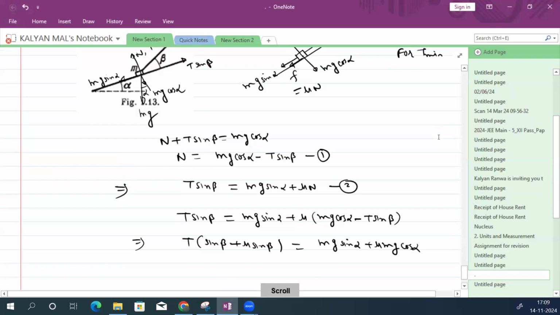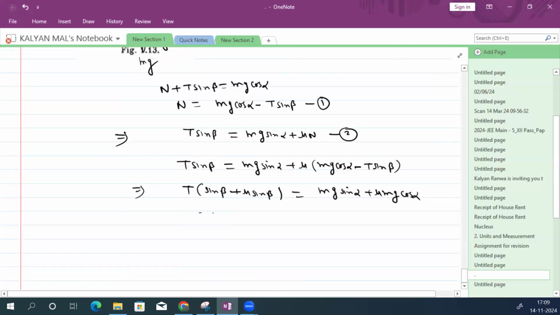So the value of T is equal to mg, taking the common here, so this becomes sin alpha plus mu cos alpha, dividing by, taking the sin beta common, this is the 1 plus mu.